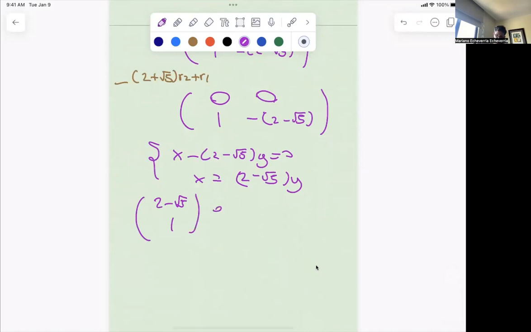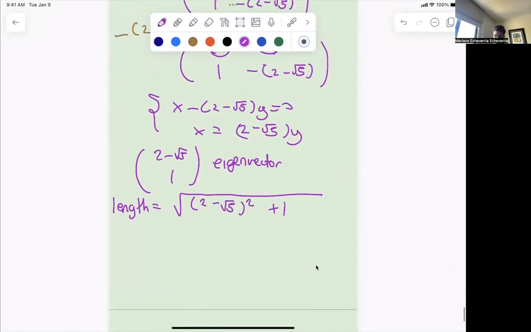So that's the eigenvector, but you have to rescale it. The length here is 2 minus root of 5 squared plus 1, and it's very similar: 4 minus 4 root of 5 plus 5 plus 1.